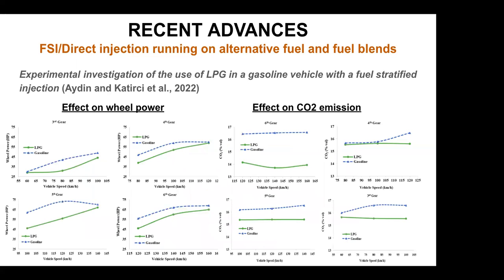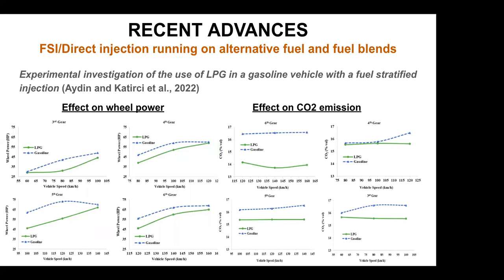The results from this study: the experiments were performed at different vehicle speeds. First, we'll talk about the left figure. The wheel power values at different gear levels are given. In the third gear level, the maximum power was measured as 49 horsepower in gasoline fuel at a speed of 100 km per hour.